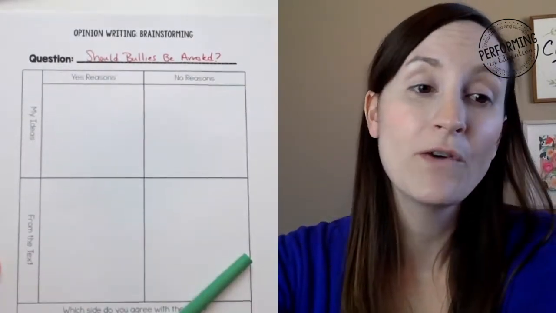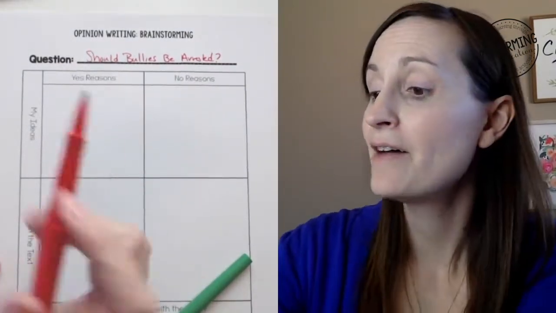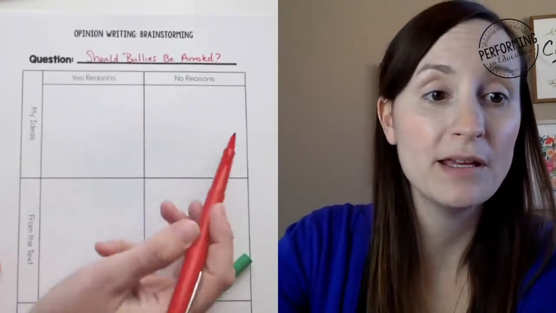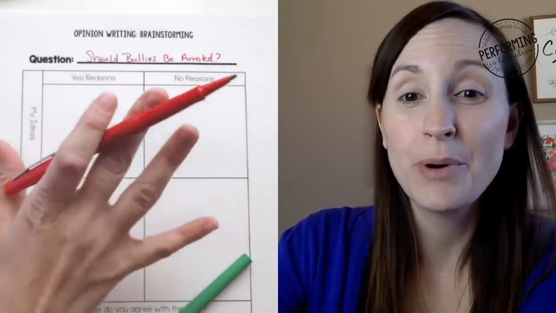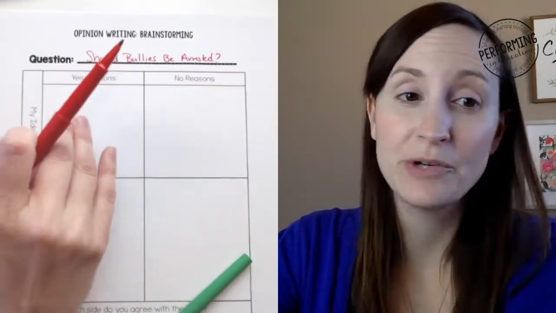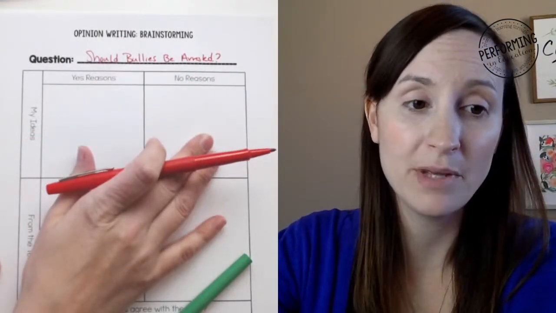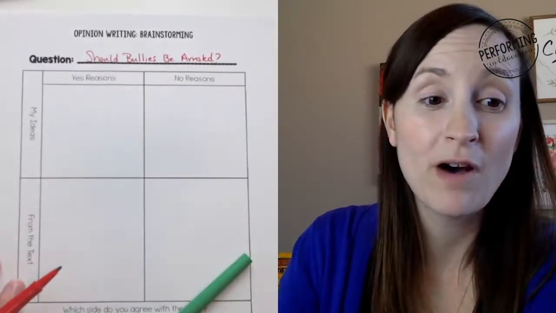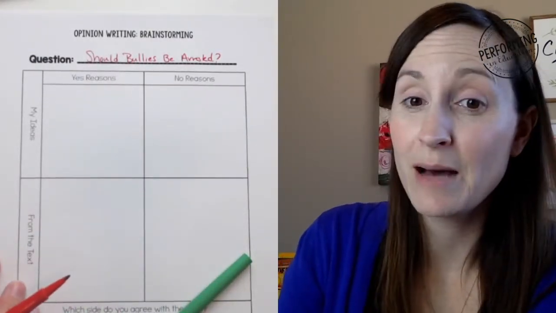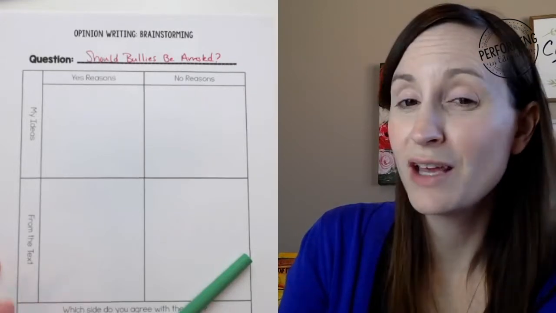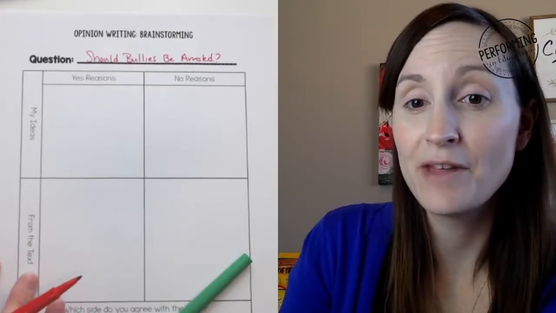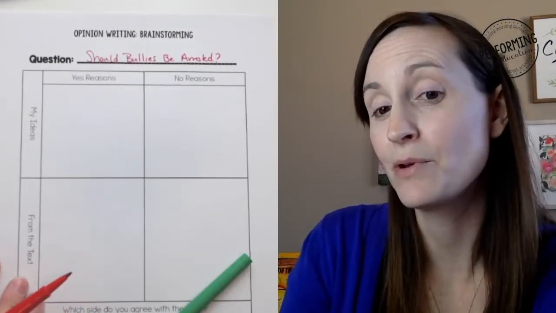Okay, so before we even look at anything, I have them do this top part right here, where they look at both sides of the issue and they write some reasons for yes, they should be arrested, and no, they should not be. Then as we move on to actually reading about the topic and researching and getting more ideas, I have them put information from the text that we read.